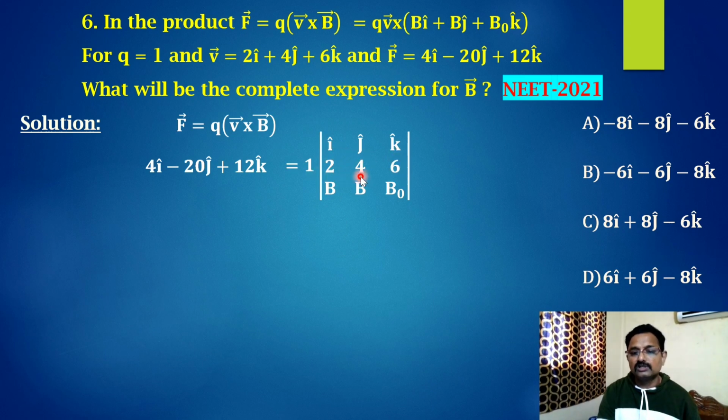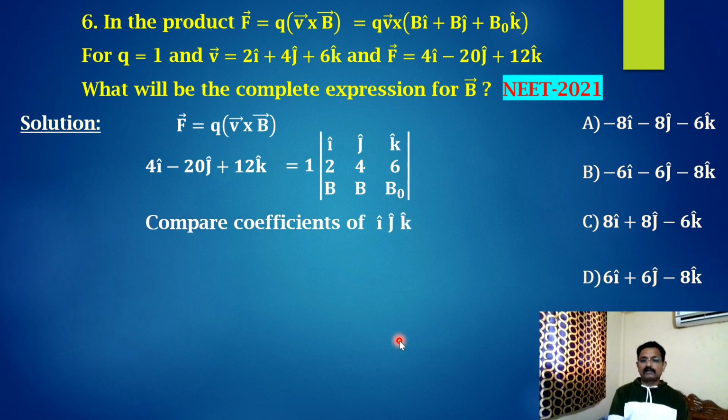These are the coefficients of i cap, j cap, k cap in vector V. And the coefficients of i cap, j cap, k cap in vector B are B, B and B naught. So here we will calculate V cross B.